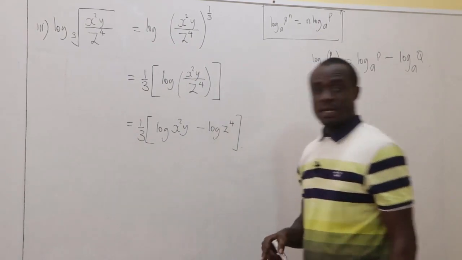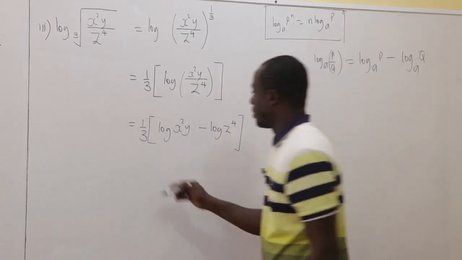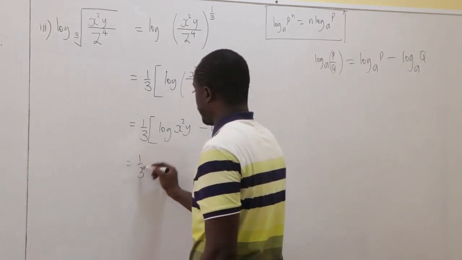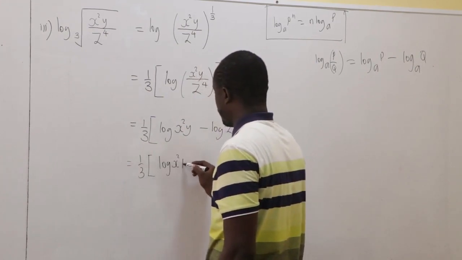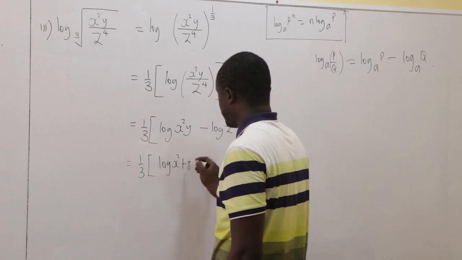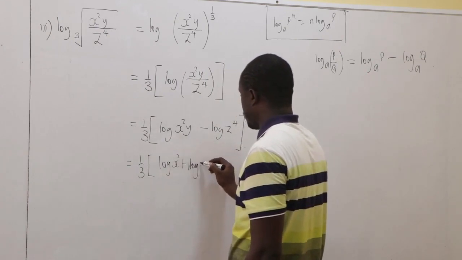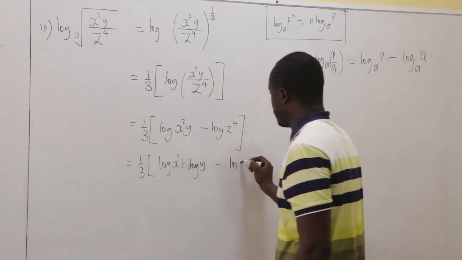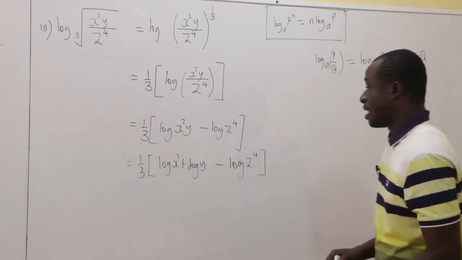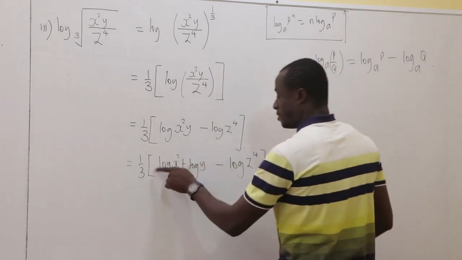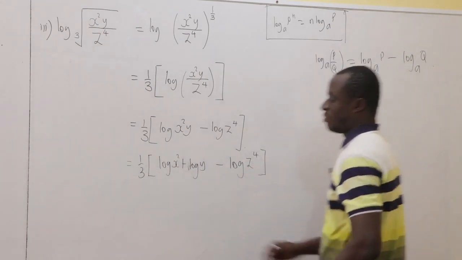Now let's see this side, we are multiplying. So when you're multiplying, we add. So you have 1 over 3 out, we have log x squared plus log y minus log z to the power 4. Now applying the third law, clearly this will come down here, and then the 4 and 2 will come down here.